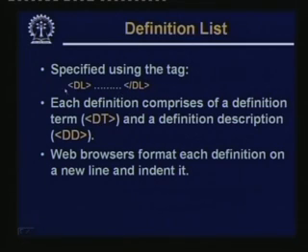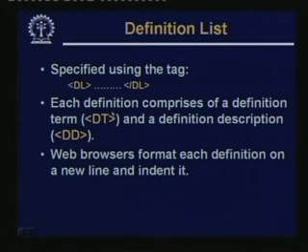Now, the thing to note is that for a definition list, the tag name is DL, begin DL and end DL. And there is another difference. In case of the unnumbered and the numbered lists, the list items were specified using the LI tag, but in case of a definition list, within each list item there are two things to be specified, the definition term or the item you are defining and the definition description.